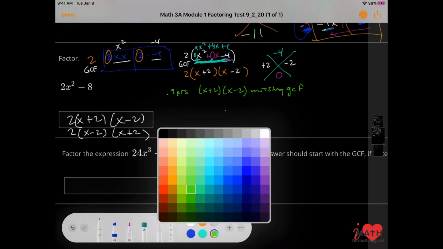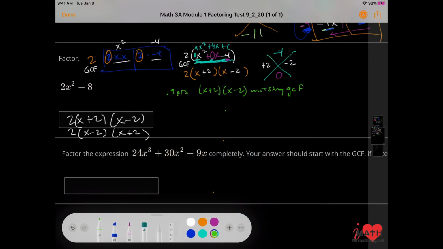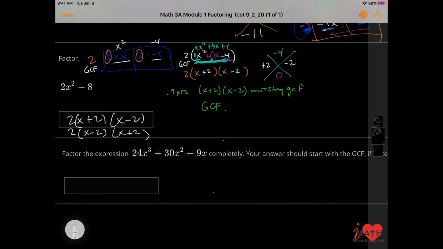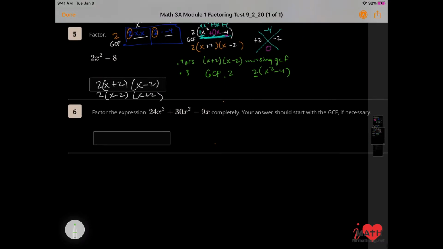You also would have gotten, if you took out a GCF of 2, I would have given you 0.3 points. And let's just say you got the rest of the problem wrong. Let's just say you got 2 times x squared minus 4, and you left it like that. At least I gave you some partial credit for knowing that 2 is a GCF in that problem. Common mistakes are, I did see students think the problem was a negative 8x, and that would have been incorrect.